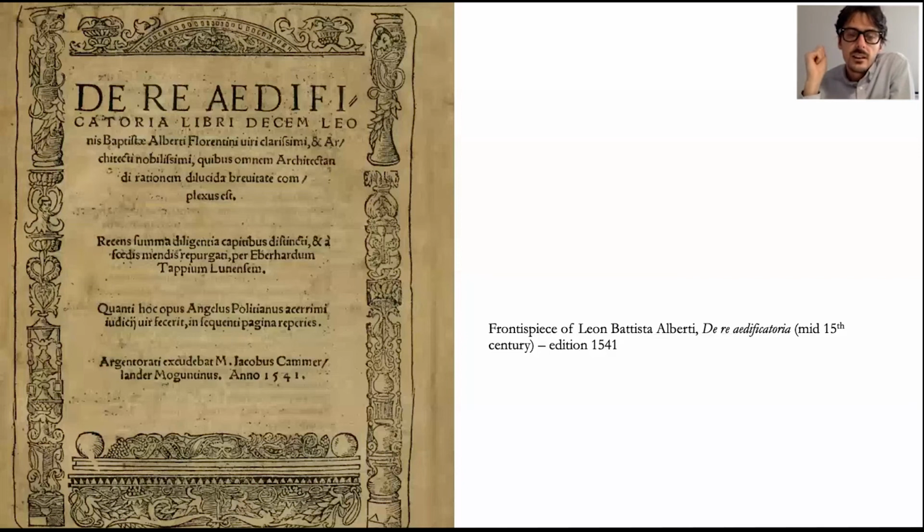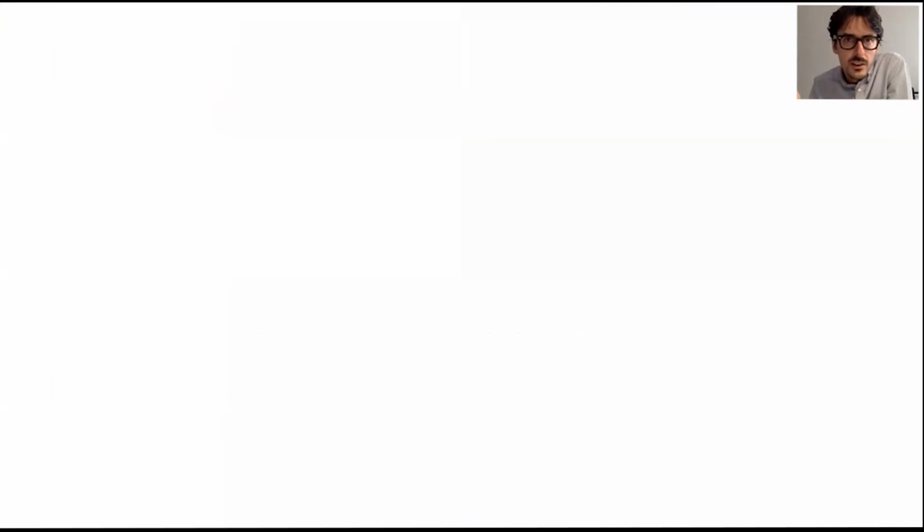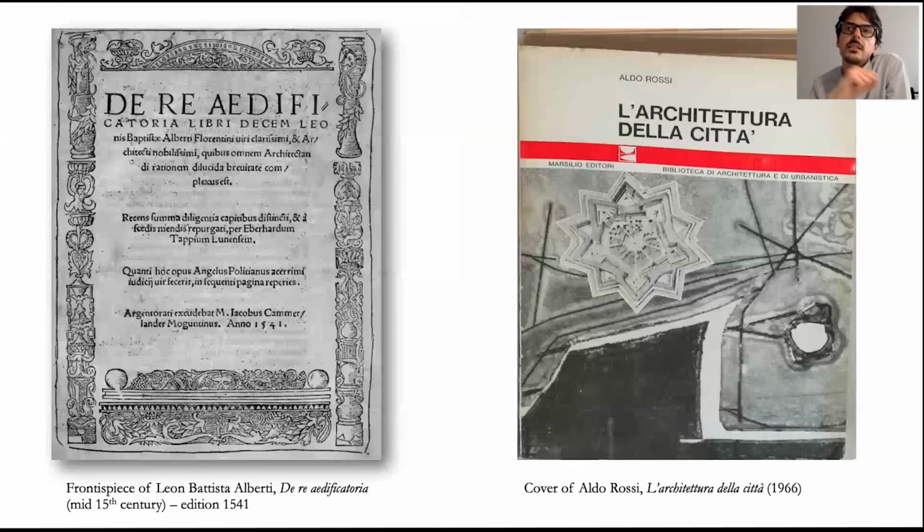But although we are used to defining architectural treatises as historical objects, I would say actually they are not. Let's consider, for instance, these two examples. On the left, we see the De Re Aedificatoria, and on the right, I placed The Architecture of the City by Aldo Rossi.